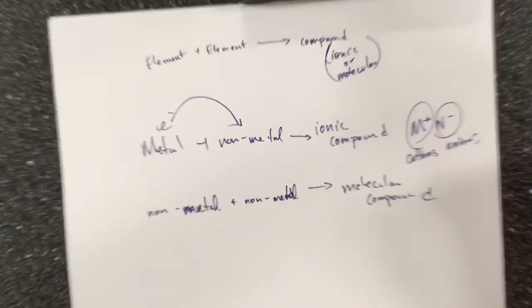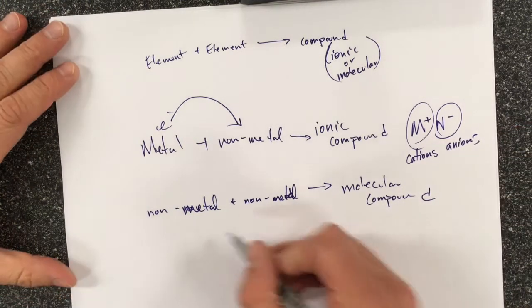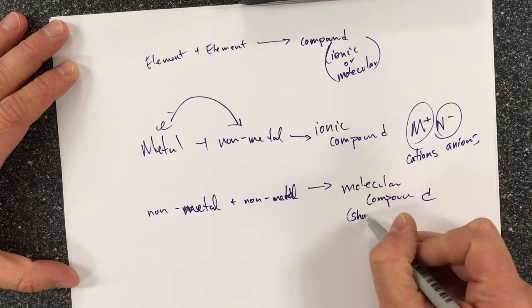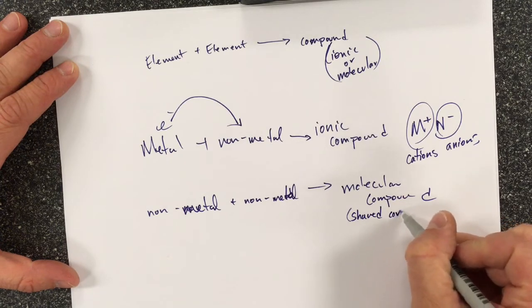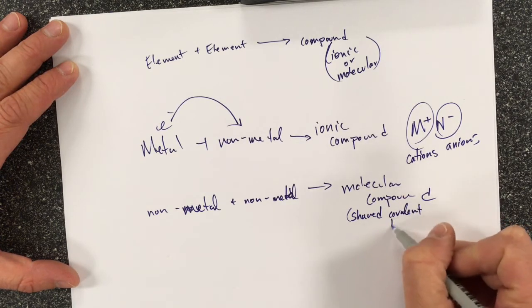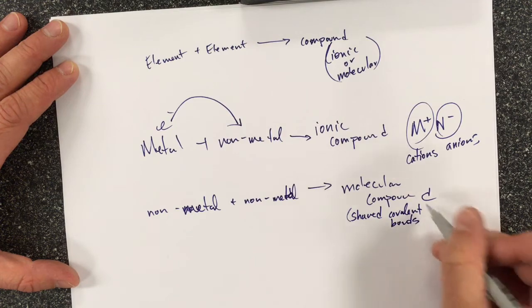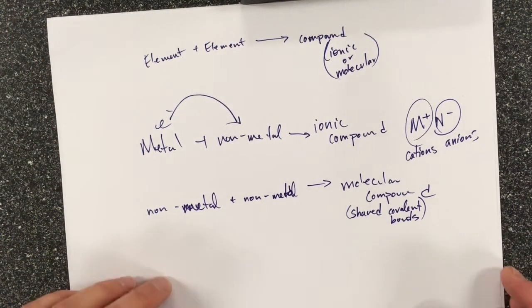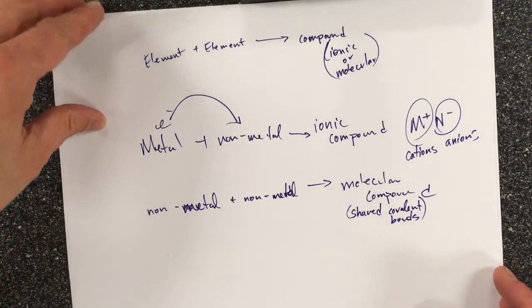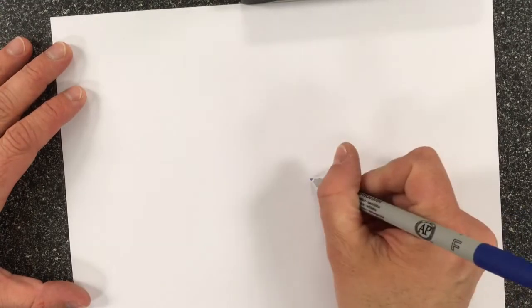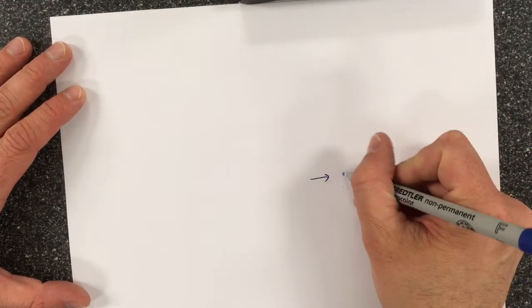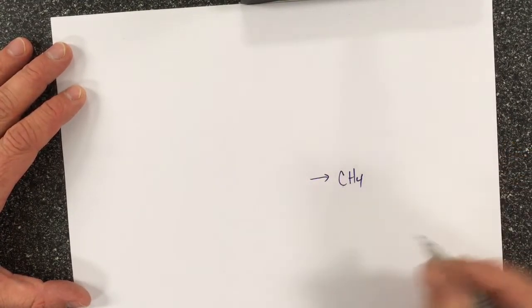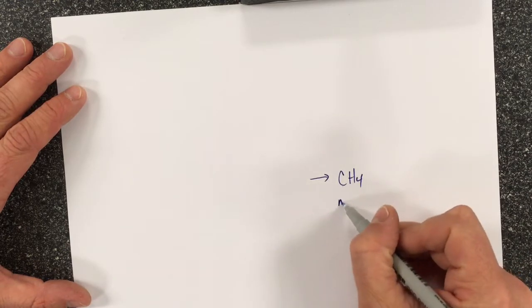For a nonmetal and a nonmetal making a molecular compound, these are going to have shared covalent bonds, and predicting what the product is is harder with nonmetals. So sometimes you won't really know. But let's say that I was going to make methane. CH4 is methane.